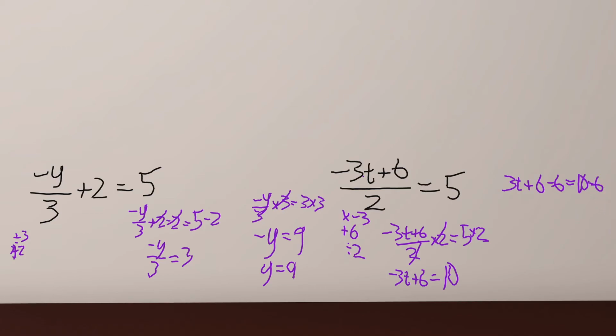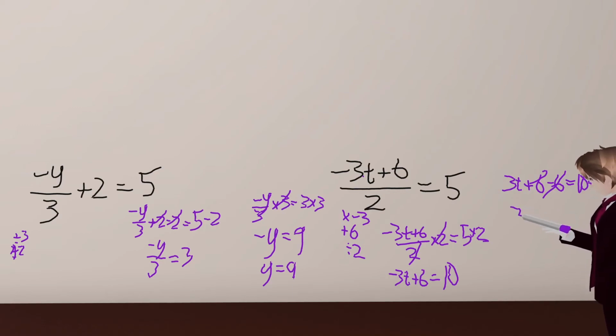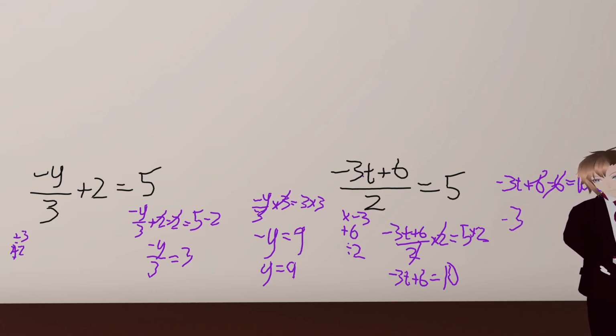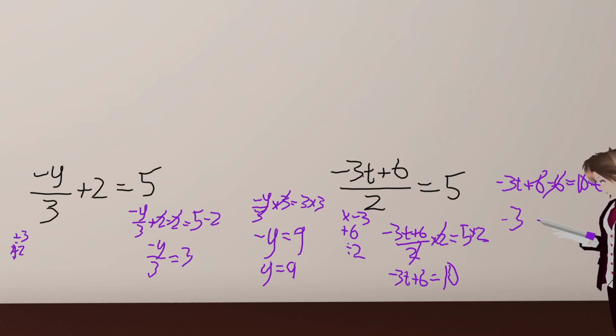Running out of space. This 6 and this 6 will go away. So 6 take away 6 is 0. And then 10 take away 6 is 4. So we have negative 3t. Don't forget your negatives. We have negative 3t equal to 4.